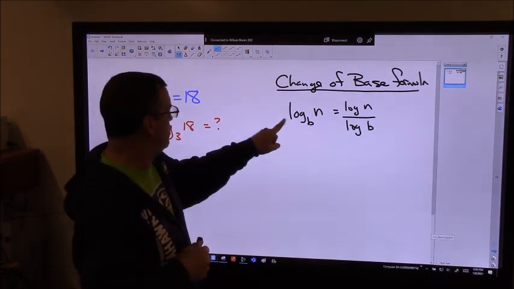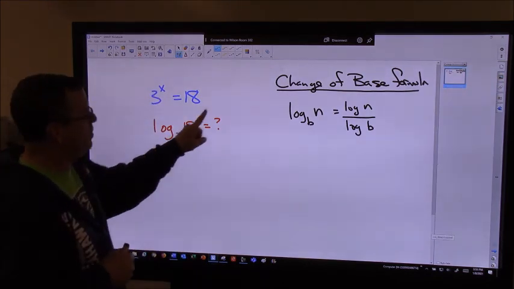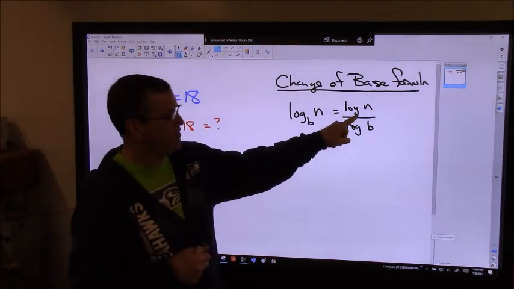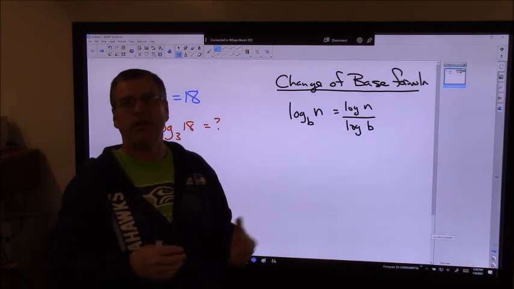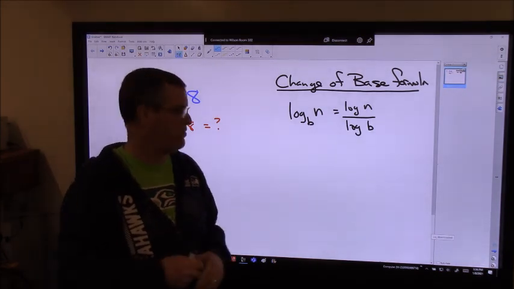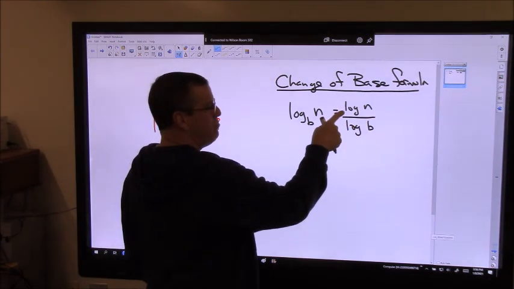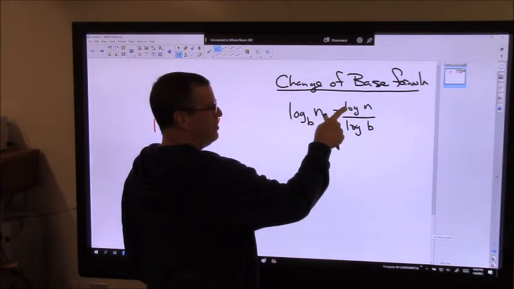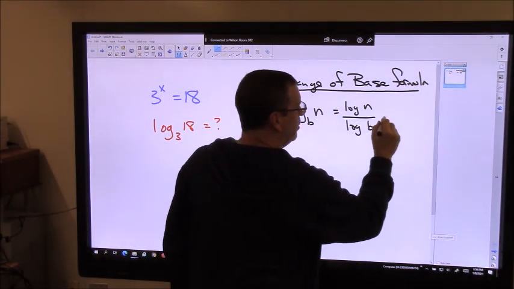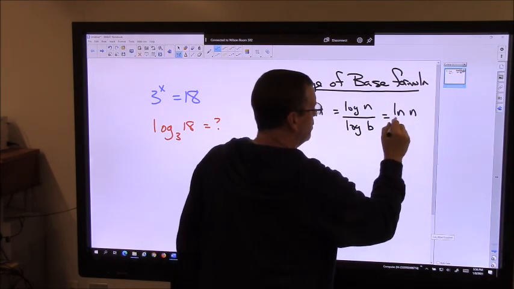So what I've done is I've changed this from a base 3 problem now to a base 10 problem. And then all of a sudden my calculator can do this, right?